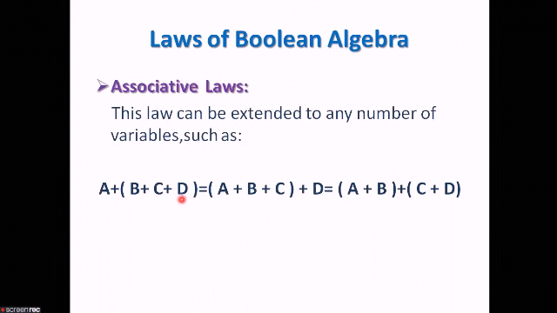We have included a new variable d. This is equal to a plus b in brackets plus d, which is equal to a plus b in brackets plus c plus d in brackets. So all these are the same. As we have already told, it allows grouping of variables. We are doing some groups.